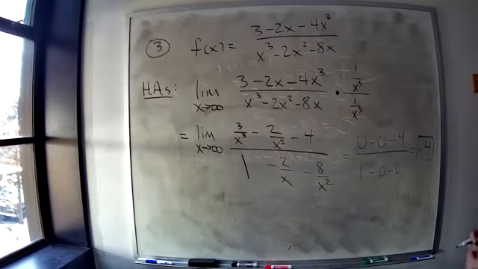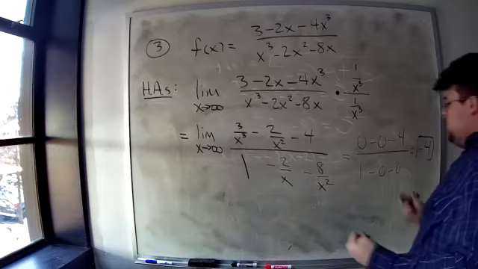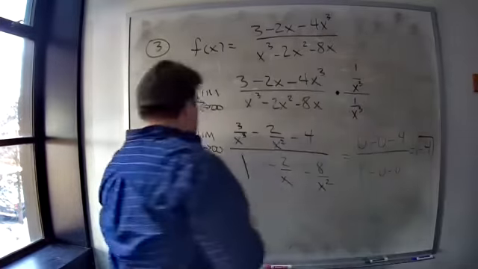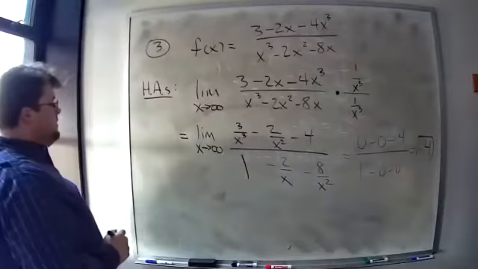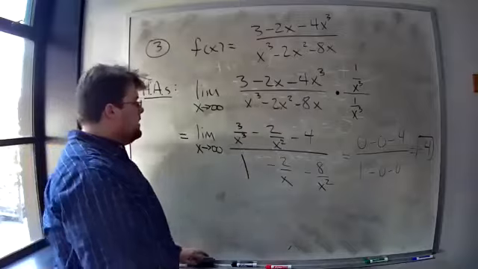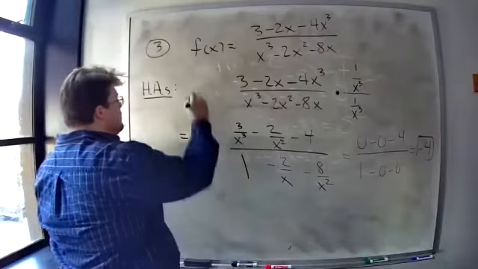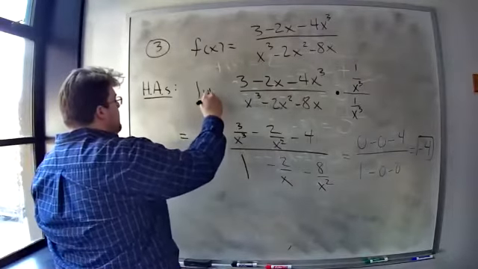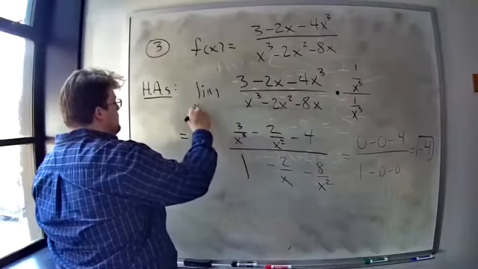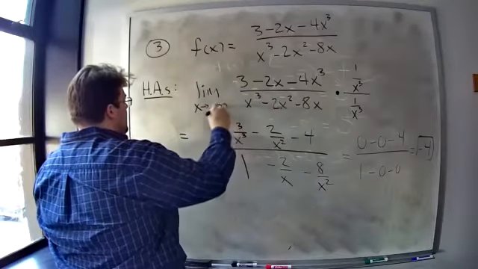Okay, now this tells us y equals -4 is a horizontal asymptote, but we also have to take the limit as x goes to -infinity. So let's do that. In lecture, I described a way to do that.